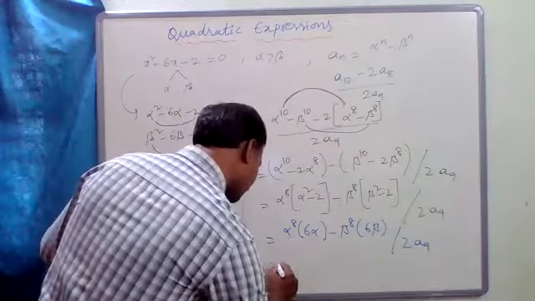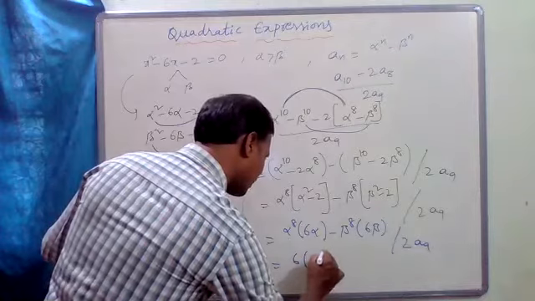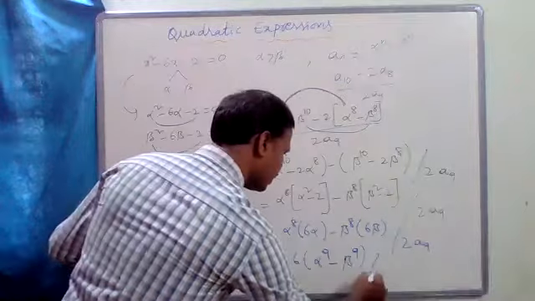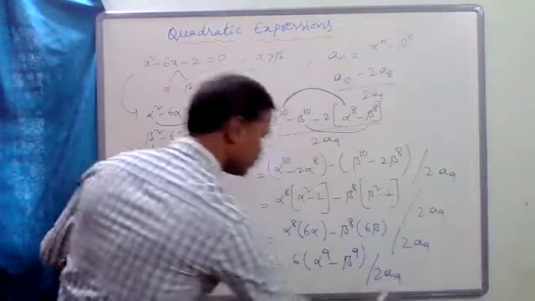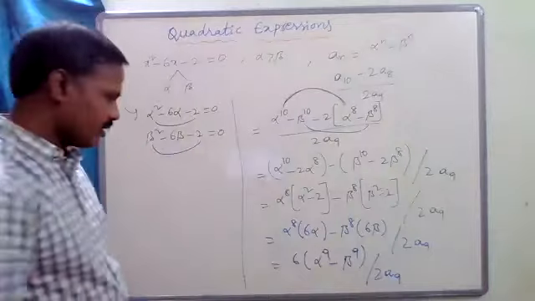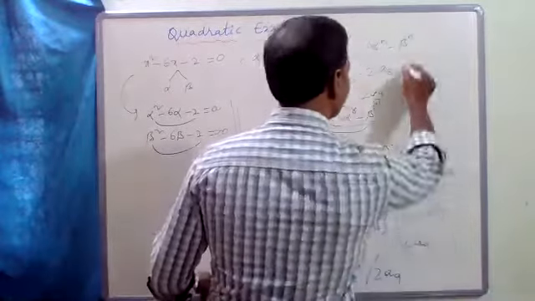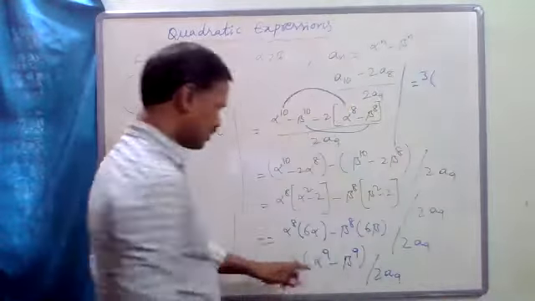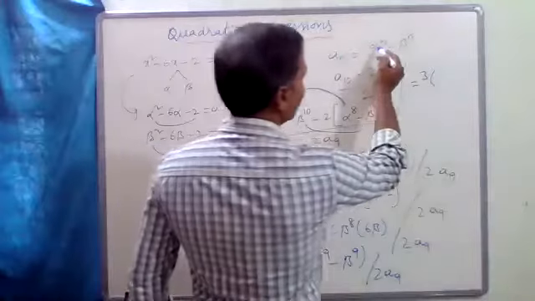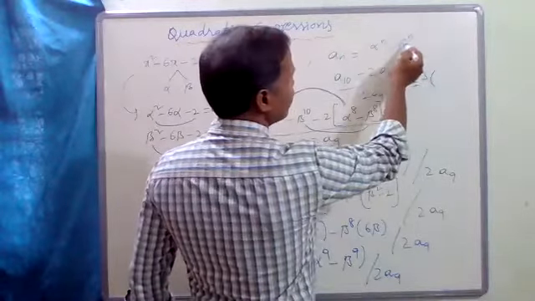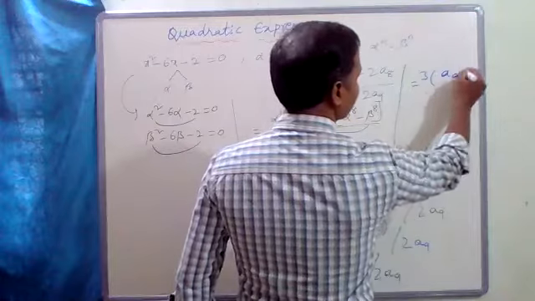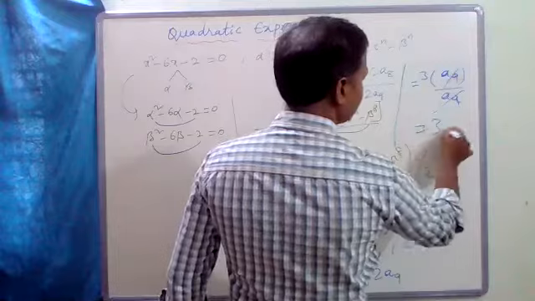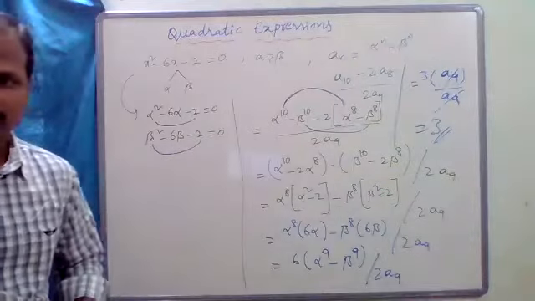Now, this is 6 into alpha power 9 minus beta power 9 by 2a9. 6 by 2 is 3, times alpha power 9 minus beta power 9, that is a9 by a9. This will be cancelled. The answer is 3.